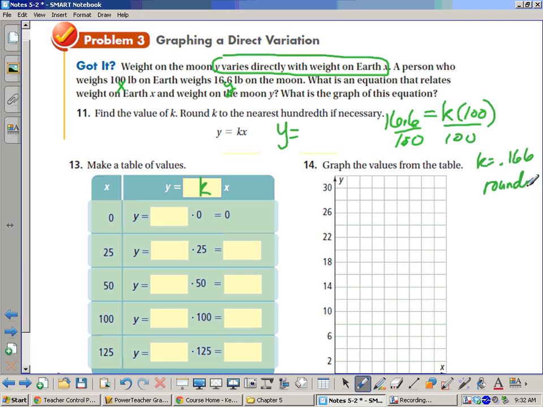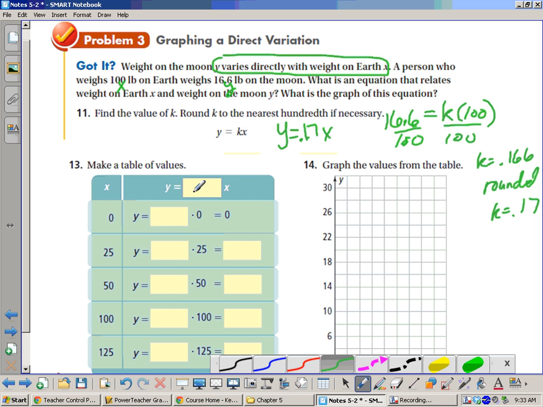Rounded, we get k equals 0.17. So we're going to have our formula 0.17x. 0.17x is the k that we're going to use down here. So I'm going to take this out and put in 0.17.